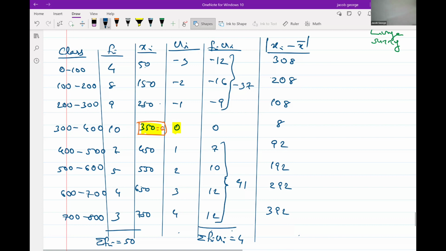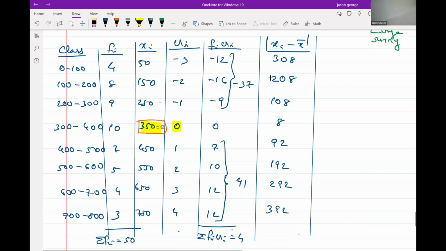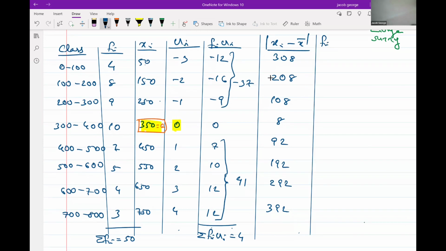Then you have to multiply fi into modulus xi minus x bar. Multiply. 4 into 308.